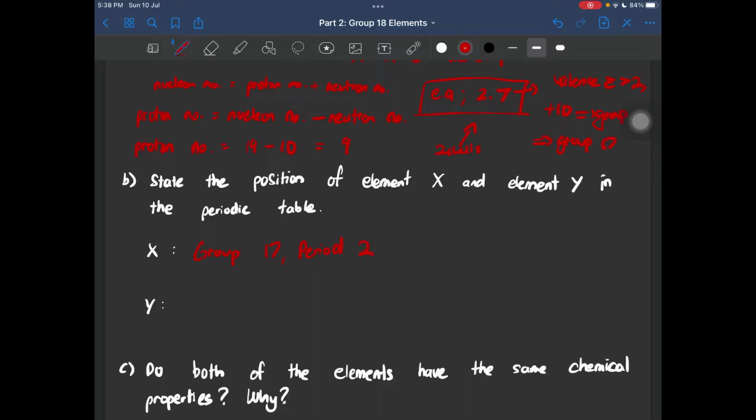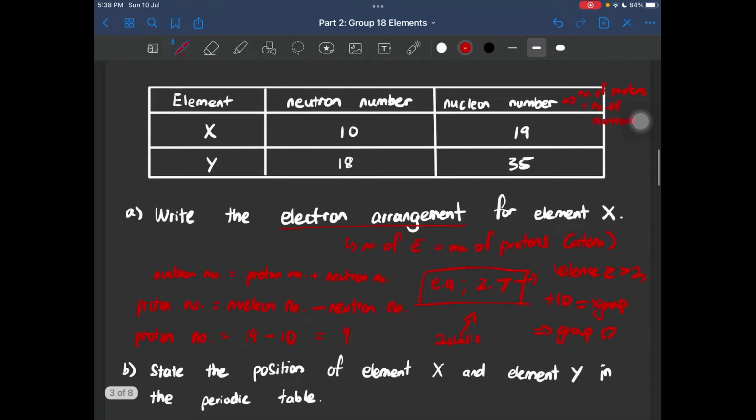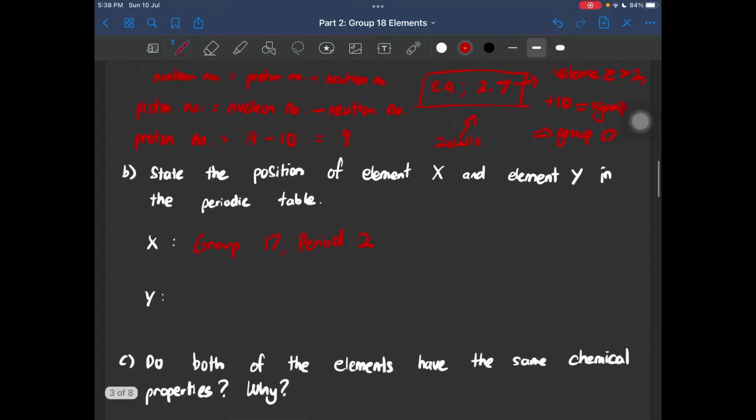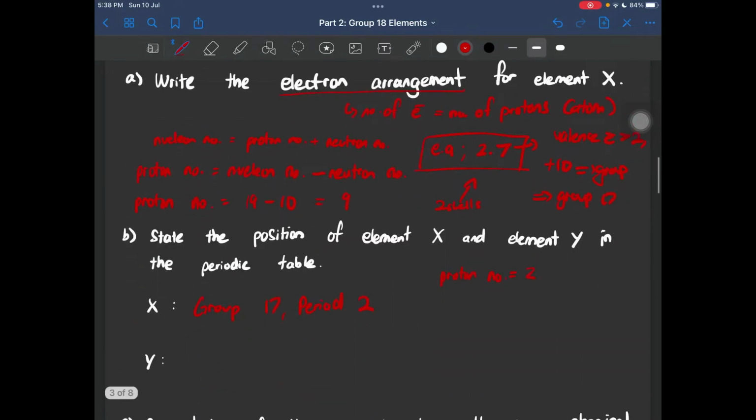Now, how about element Y? For element Y, we have the nucleon number and also the neutron number. So first, same thing, we have to find the proton number, right? The proton number is equal to 35 minus 18, which is equal to 17.